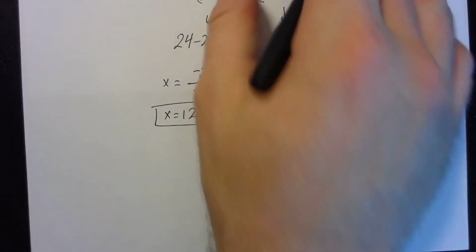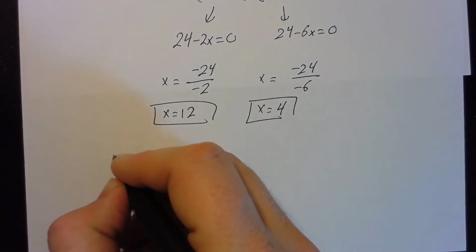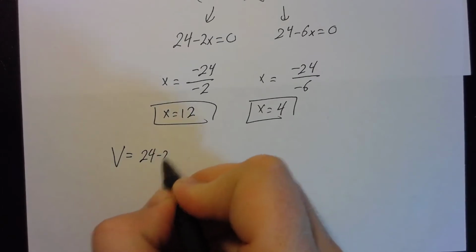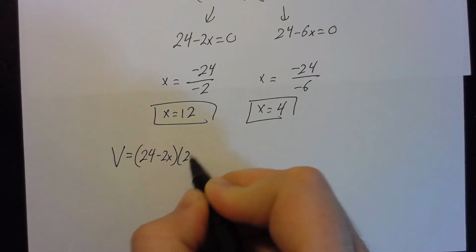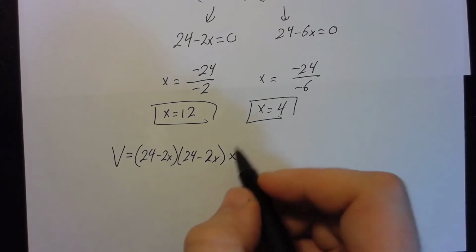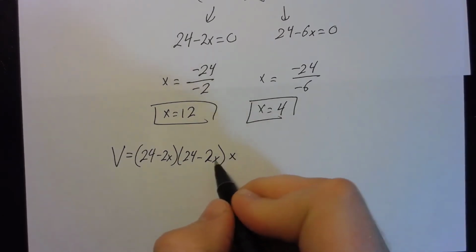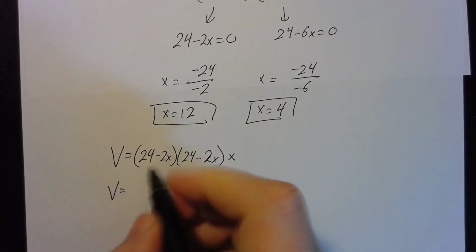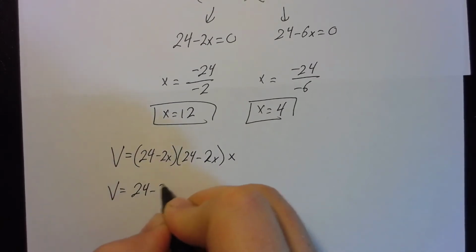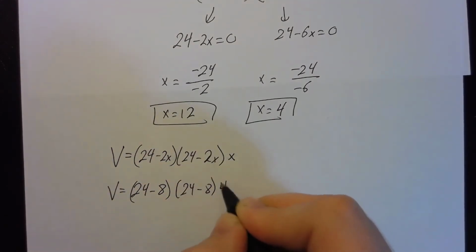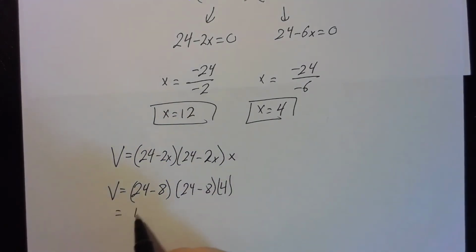So down here, my volume should be equal to (24 − 2x) times (24 − 2x) times just x. If I were to plug in 4 for my x values, my volume would be (24 − 8) times (24 − 8) times 4. 24 minus 8 is 16, so I have 16 times 16 times 4.